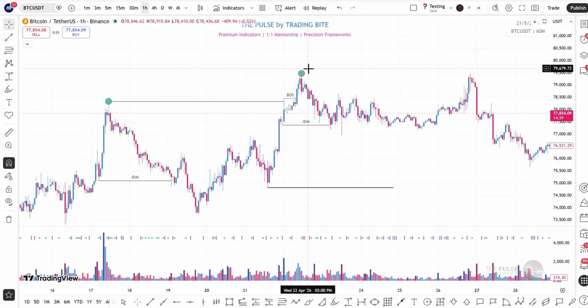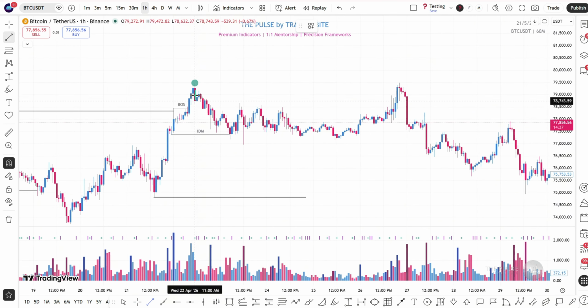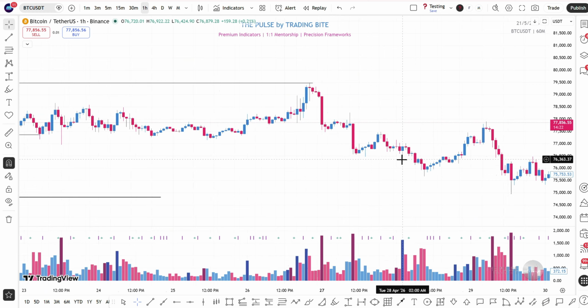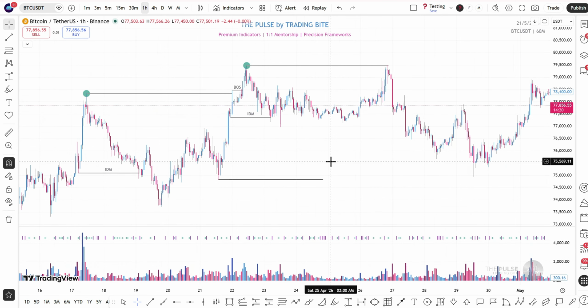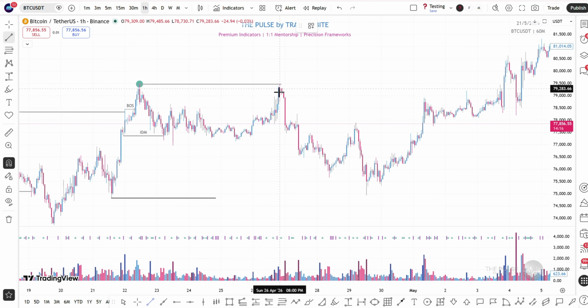After this reference point, this is the IDM which has been taken. But now we have to see if it closes above. No, so this is again a sweep, so this is not our valid break of structure. So where does the valid break of structure happen?